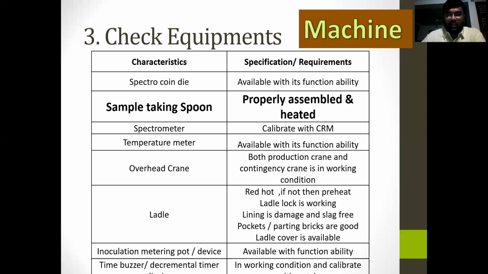Then another, and frankly, I have experienced this actual equipment: the sample taking spoon. See, you have the C emitter, you have the spectro. We are taking care of that. These are the machines maintained in a proper way. But imagine if you don't have the spoon to withdraw the sample, or when you are taking the sample your spoon gets damaged and you could not draw the sample.